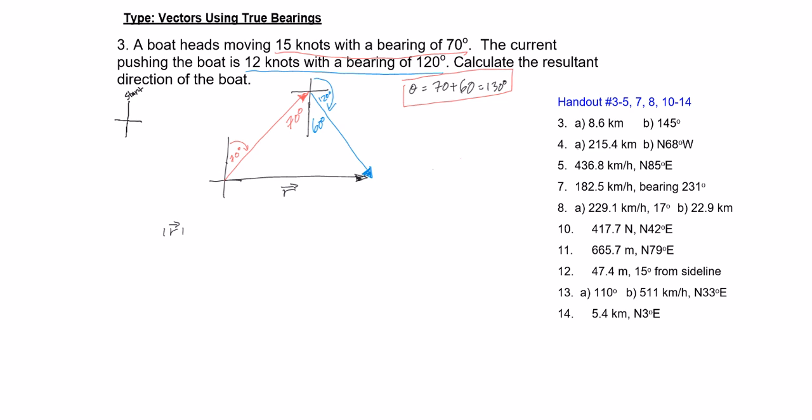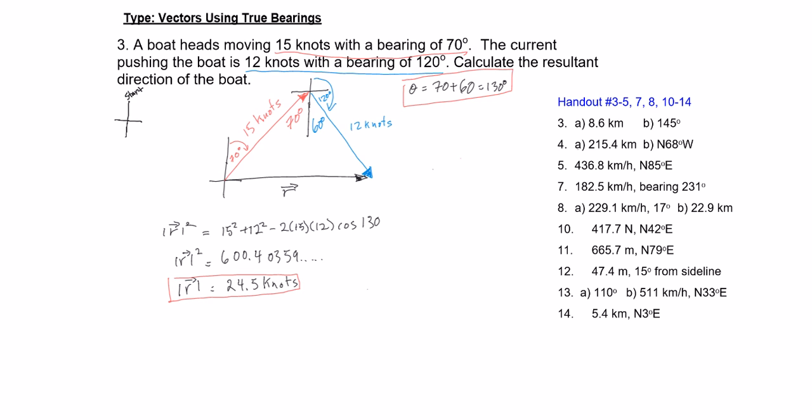So we'll start with r squared. And we end up with this for r, 24.5 knots. The next thing we have to do is we have to compute the complete bearing from here to here. I'm going to call this angle here x, because that's what we're looking for.